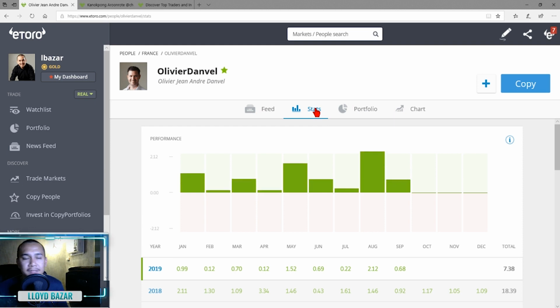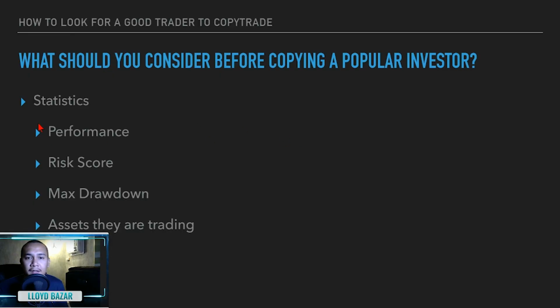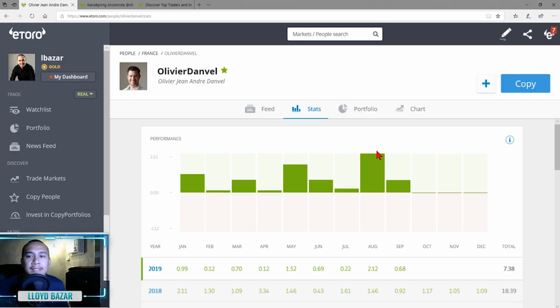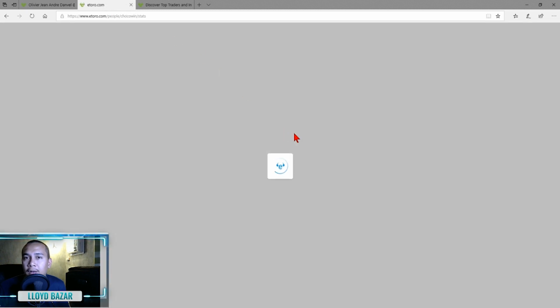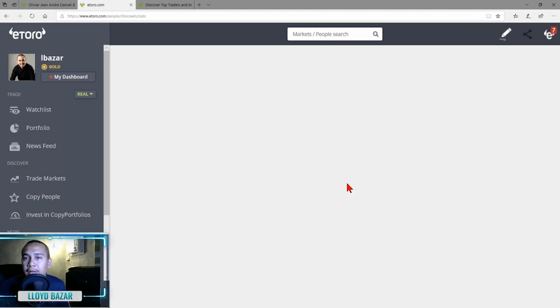So let's go to statistics because this is one of the things that I want you to consider. Under statistics, number one you should check is his performance, which is the very first thing you're going to see in the statistics portion. The green bars mean that he is gaining for this year. You are going to see some people who have a red bar in their statistics.